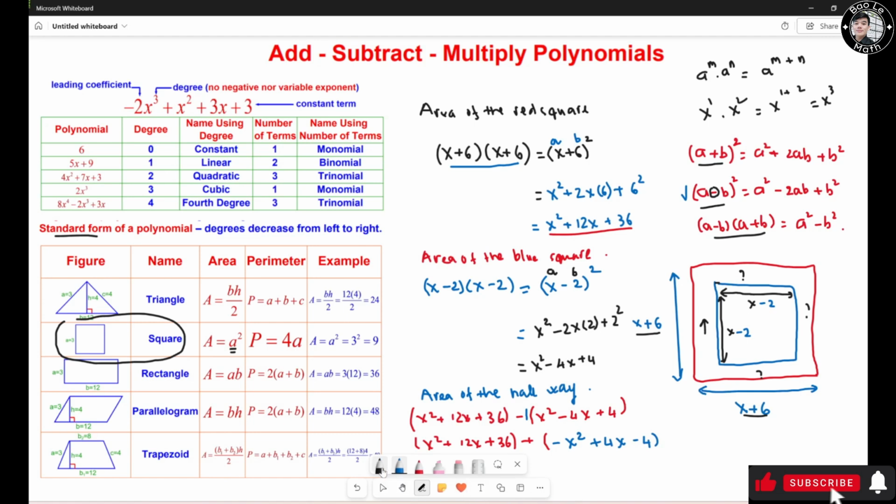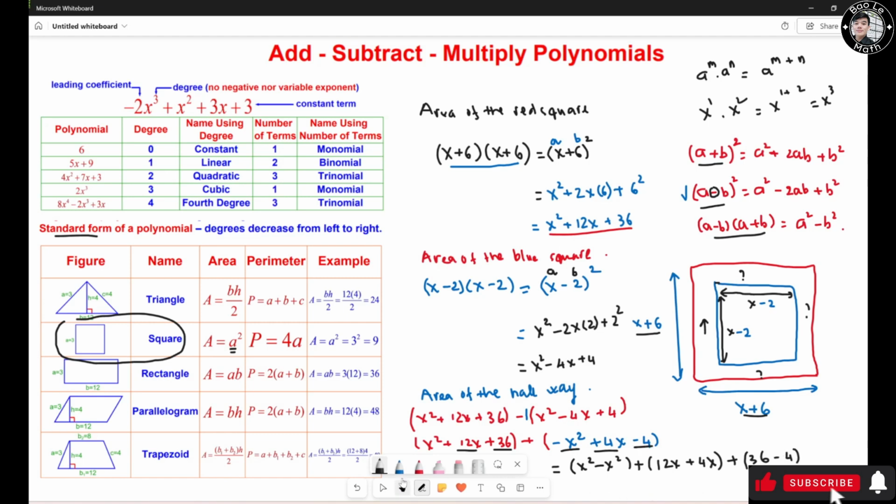Now I just combine like terms. This guy turns out to be s squared and then negative s squared right here. I put this inside parentheses, so s squared minus s squared, and put the plus sign outside. 12s and 4s, put the plus sign outside. 36, subtract 4.